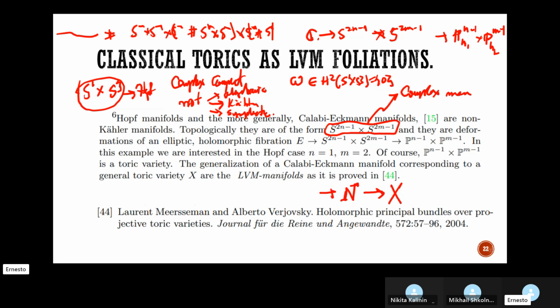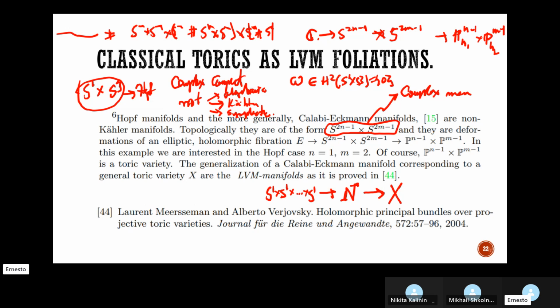The fiber is no longer an elliptic curve, but an abelian variety. Topologically it's a torus, an even-dimensional torus, and it is a complex manifold.